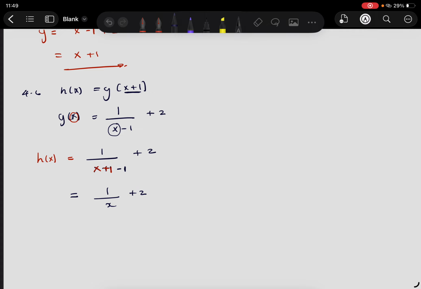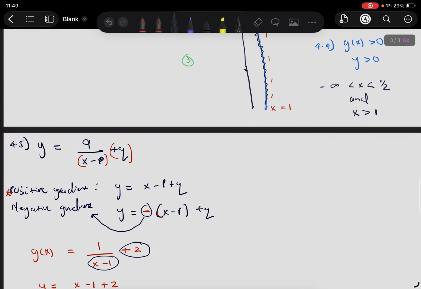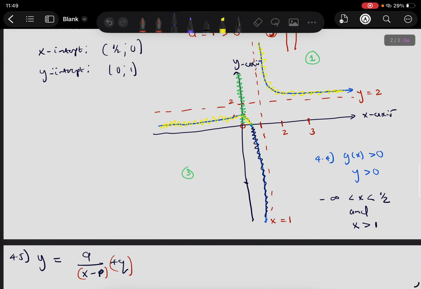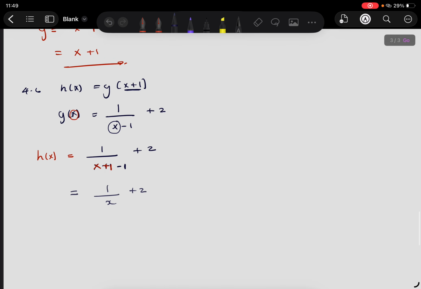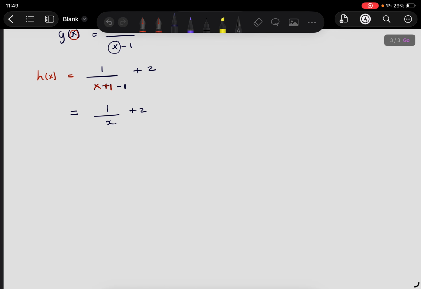And this makes sense because our original function looked like this, where our asymptote was x is equals to 1. Now, if we shift to the left, we actually are moving this x equals to 1 to this line, where your x is equals to 0 as the new asymptote, because we've shifted 1 unit to the left. Okay, so this means your new asymptote here is what?